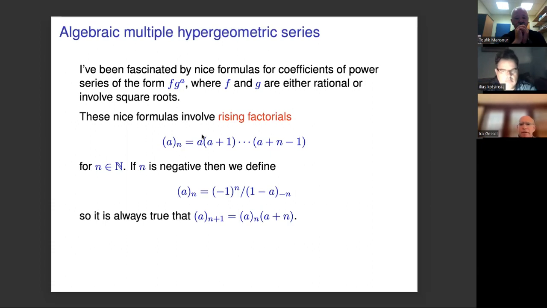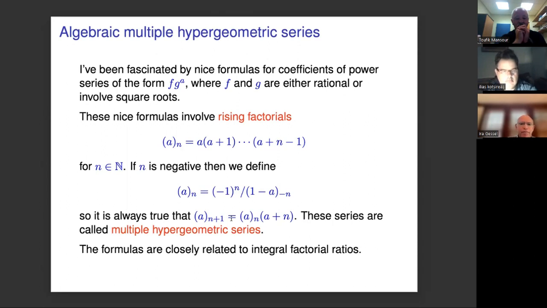It might not look obvious, but you want it always to be true that you have this recurrence: a sub n plus 1 is a sub n times a plus n. So this tells you how to extend this for negative n. Okay, so these series are special cases of what are called multiple hypergeometric series.